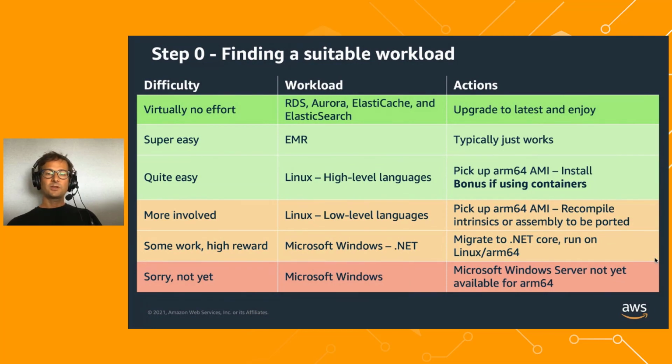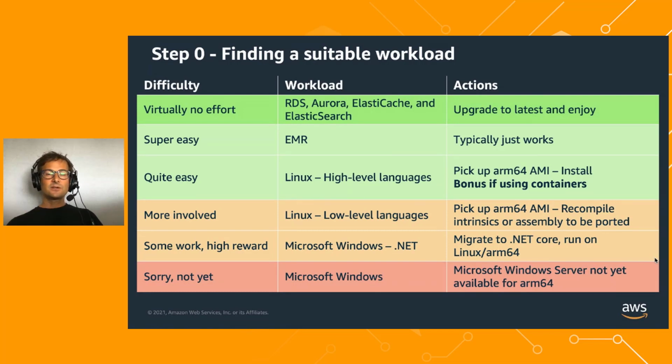When we talk about migrating a workload to Graviton-based instances with customers, usually the simplest, the easiest way to adopt the Graviton-based instances is to adopt one of our managed services that is leveraging the Graviton2-based instances. So things like RDS, like Aurora, like Elasticache or Elasticsearch.